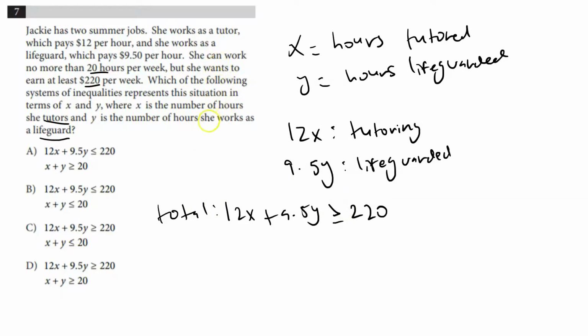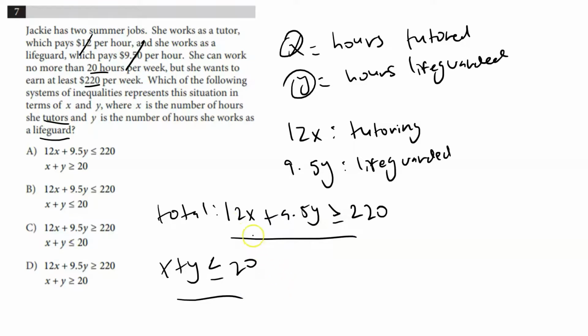She can work no more than 20 hours. Because this is not involving money, we don't have to worry about the $12 per hour or $9.50 per hour. We're just worrying about x and y. So the total x plus y is less than or equal to 20. And these two inequalities, which answer choice has them? Well, that's answer choice C.